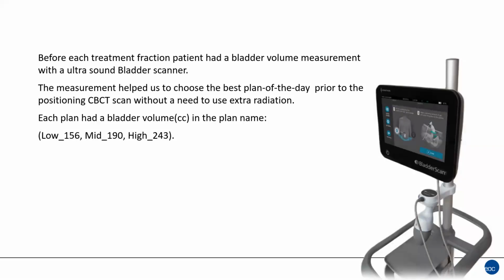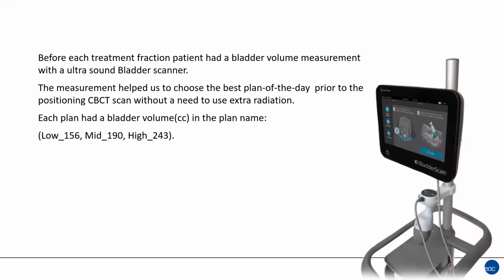So the interesting thing was that we used our ultrasound bladder scanner before each treatment fraction after this. So we estimated the bladder volume before even choosing the plan, which gives us an opportunity to reduce one more CBCT, because normally if you want to do that, you will have to scan the patient first to assess the volume, and then choose which plan is the best, and then do the CBCT again for the positioning if the plan is different from what you chose.